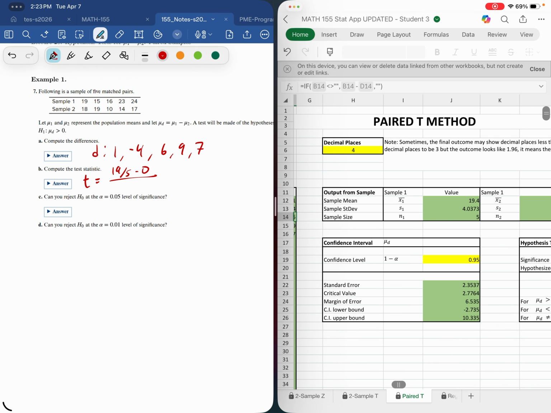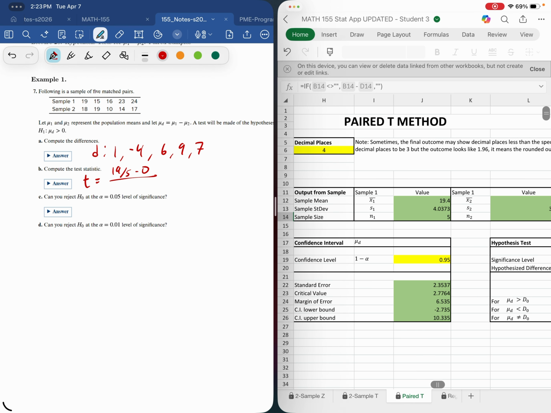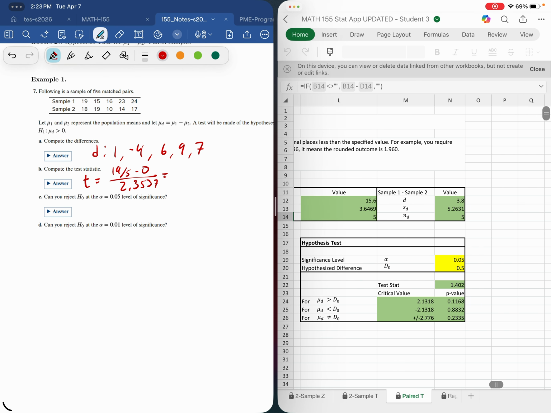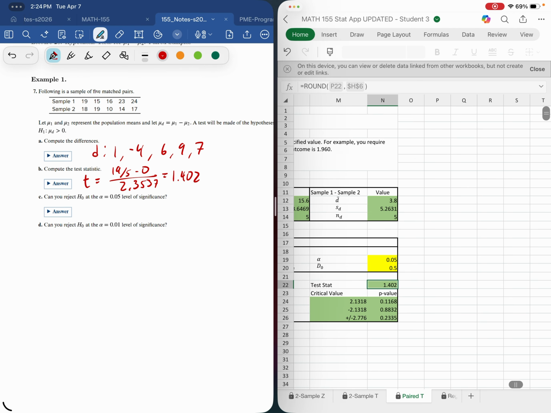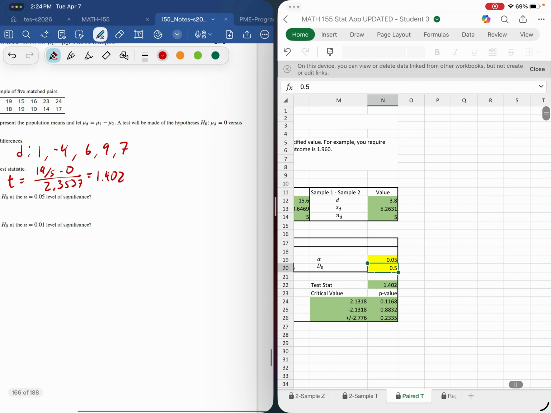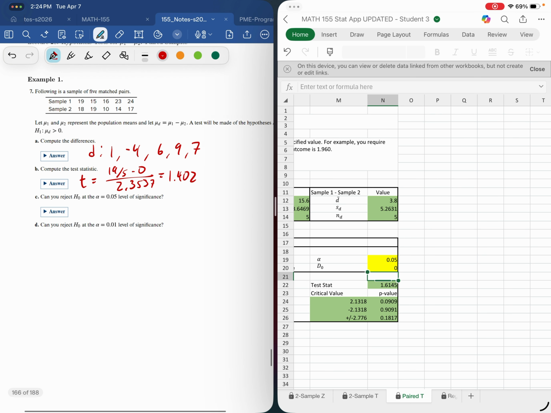So it should be 19/5 minus 0 all over the standard deviation of the differences. They give us the standard error, 2.3537. And it turns out that works out to be 1.402. Again, really, we would just use Excel to get our answer. And so if our hypothesized difference is 0, then we see our p-value.